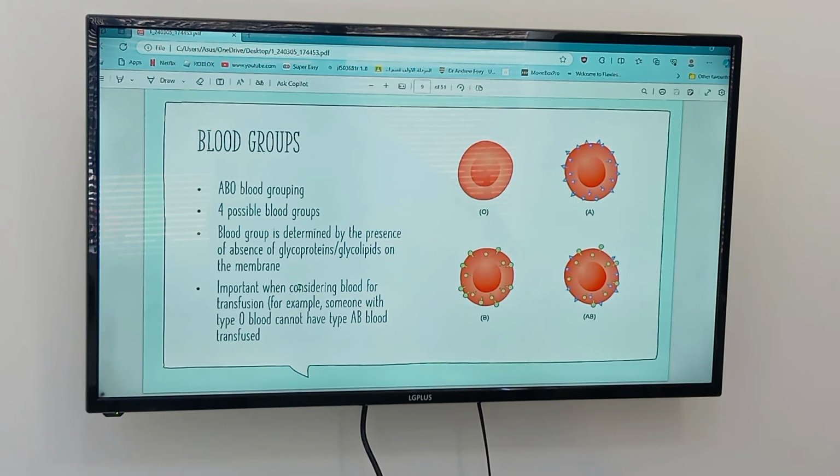That means foreign things enter the body. The body will make antibodies against all the blood that enters this person. So the person will die because of that.